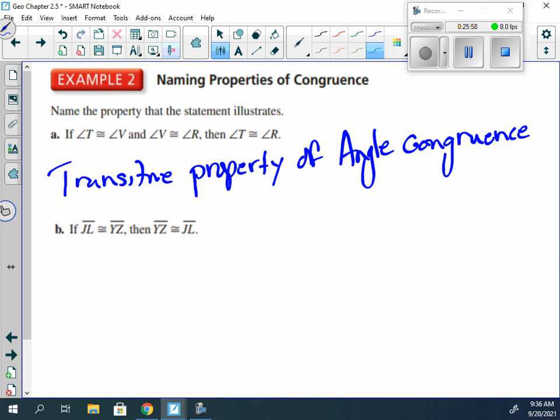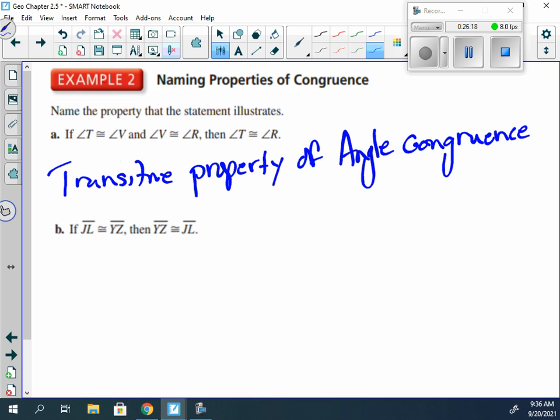Because what are we talking about here? We're talking about angles. Transitive property of angle congruency. But y'all can see that it is transitive because angle T is congruent to angle V, and angle V is congruent to angle R, then T is congruent to R. We know that's transitive, yes?